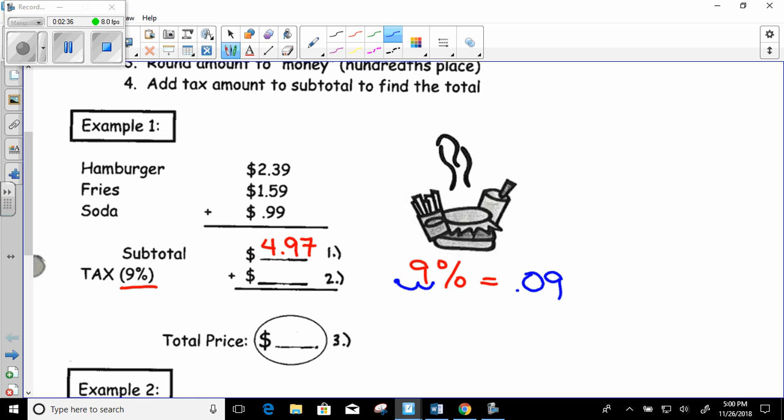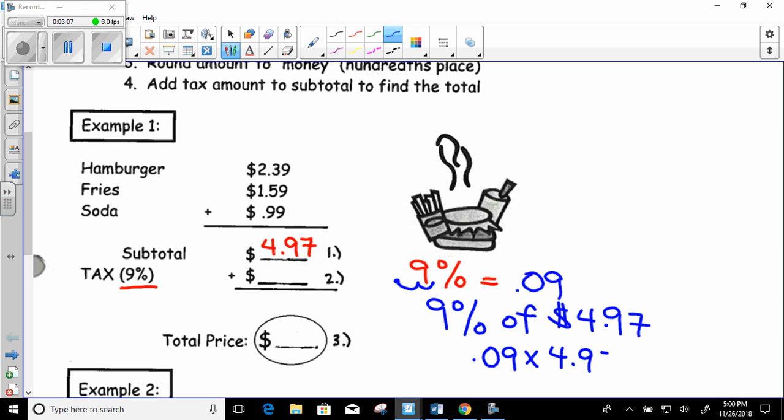So we are going to multiply that by 9 cents because we're taking 9% of, so what it is, it's 9%, which is a 0.09, 9% of $4.97. So what you're going to do is you're going to multiply 0.09 times $4.97.